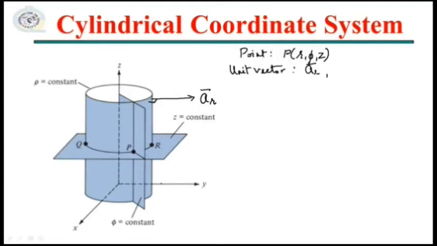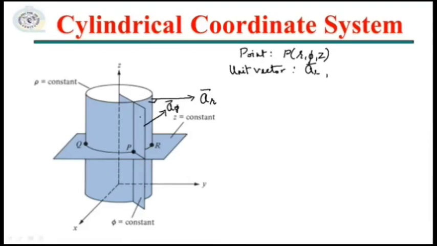Now let us consider the phi constant plane. This is the phi constant plane. Just for space constraints, I'll draw the unit vector on the lower side. So this is your phi constant plane. The unit vector that is normal to the phi constant plane and moving outward. Remember, phi varies from 0 to 2 pi anti-clockwise. So moving outward, this will be plus a_phi bar. This will be the direction of a_phi bar, which is positive.